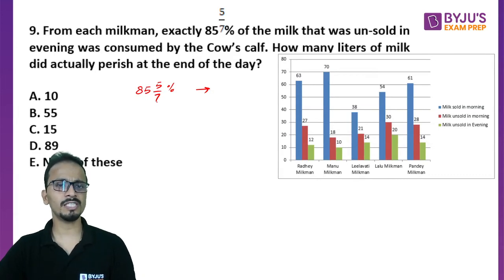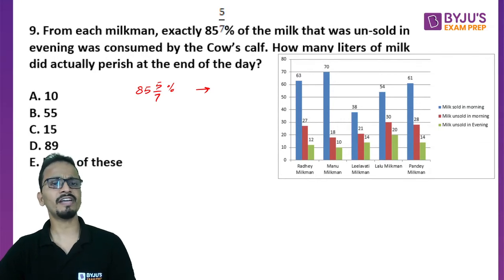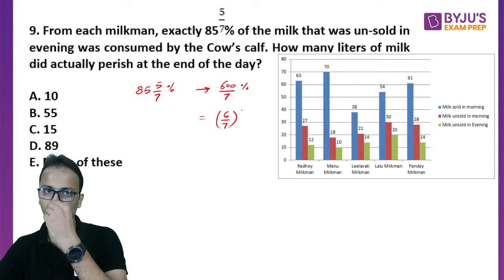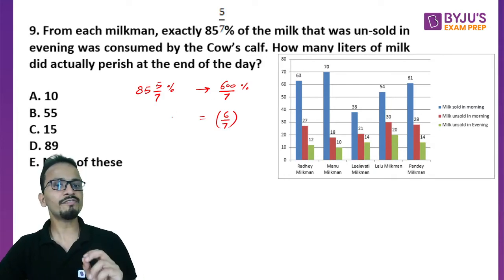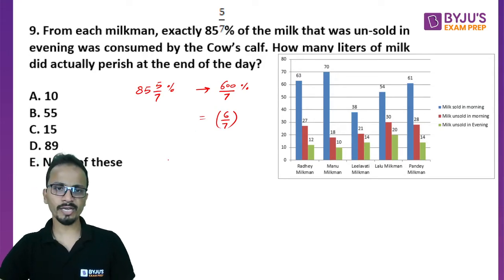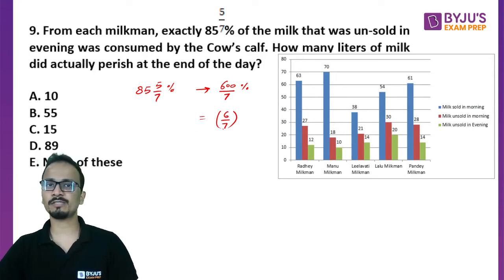It will be 595. 595 plus 5, that is 600 upon 7 percentage, and that is equal to 6 upon 7 if I convert it into a fraction. So 85 5 by 7 percentage will be 6 by 7 as the fraction. Okay, so 85 5 by 7 ko maine 6 by 7 mein convert kar liya.